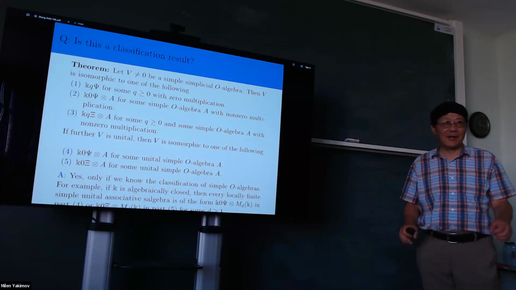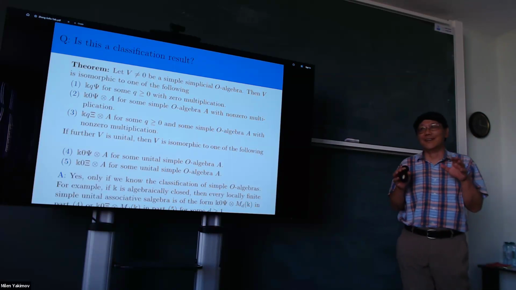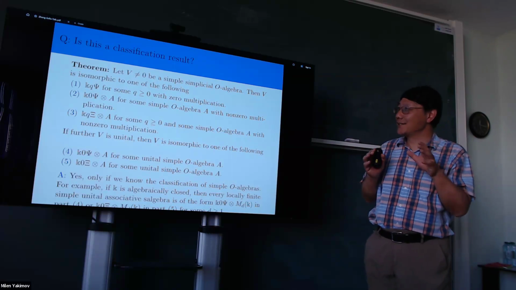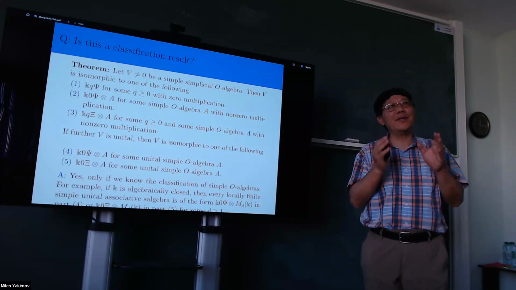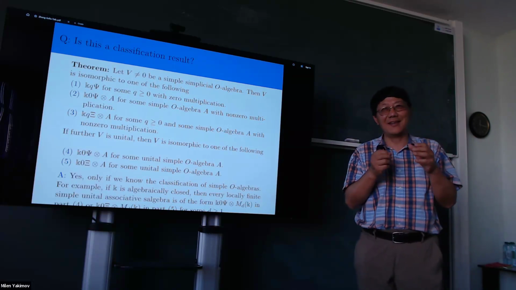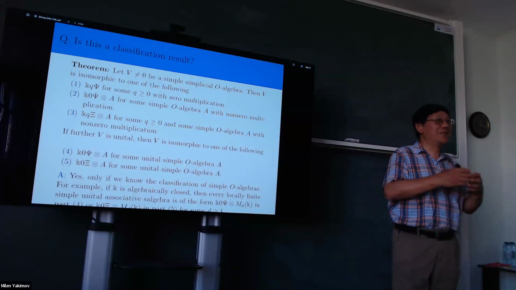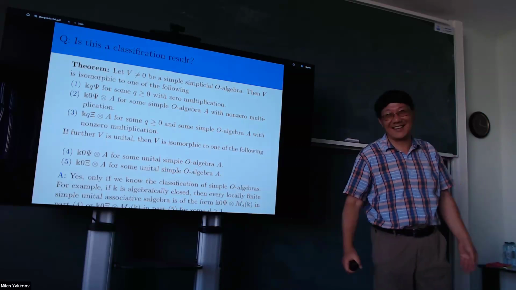So now remember in the title I said this is a classification of simple simplicial algebras. Is it a classification result? In a weak sense, because it depends on the classification of O-algebras. If we don't know the classification of O-algebras, then we don't know anything, right?